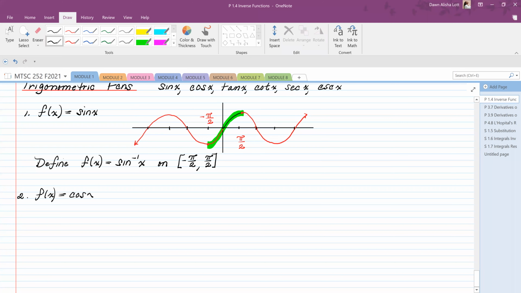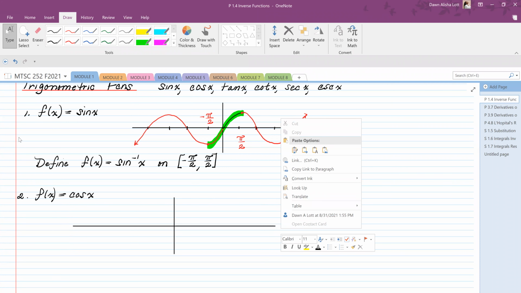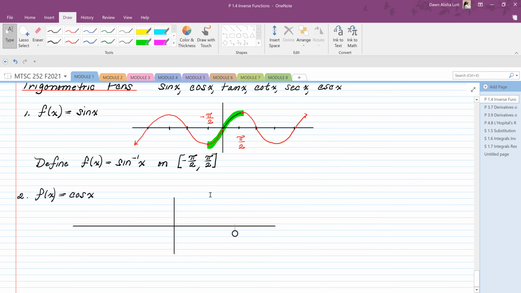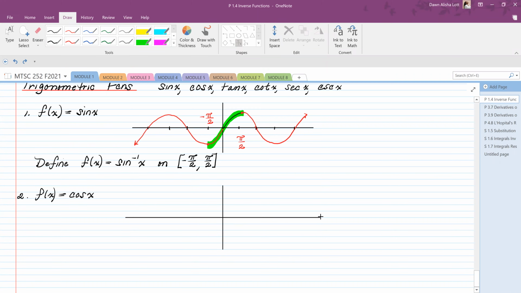Suppose we have the cosine of x. Here's the cosine of x.